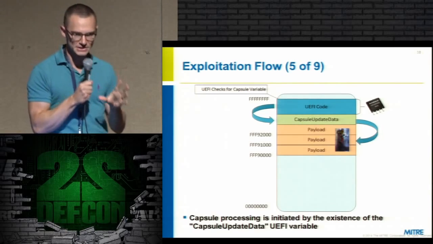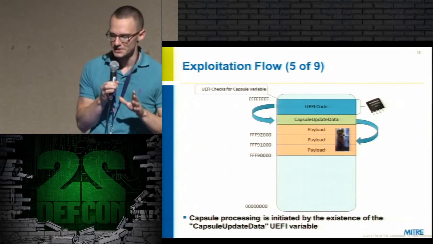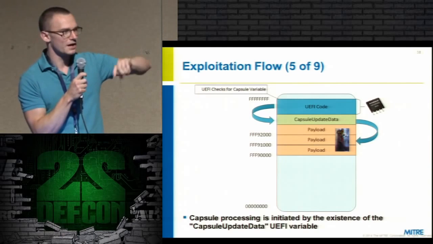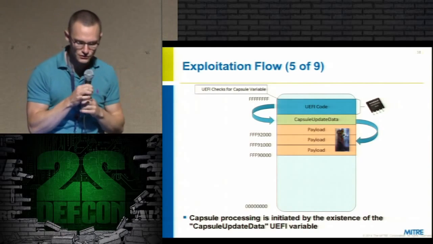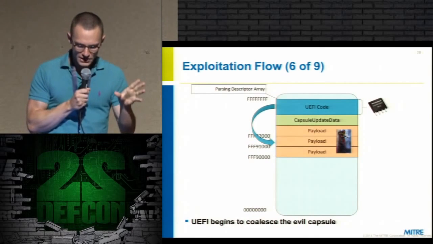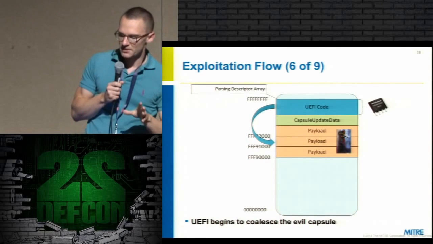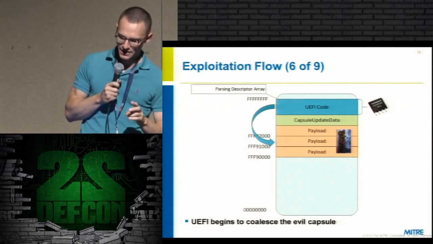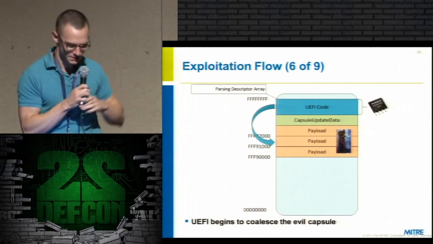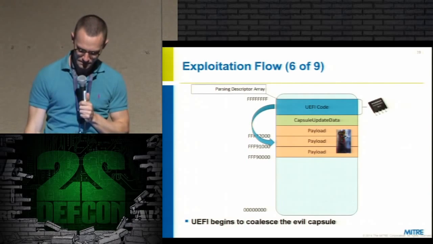It's going to check for the existence of this scatter-gather list, the capsule update data, and if it exists, it's going to automatically start parsing the contents of the list and trying to coalesce the capsule and so on. So in this case, the evil scatter-gather list pointed to by capsule update data points inside the contents of the sprayed data that our evil Dark Jedi has put onto the flash chip using this variable interface.